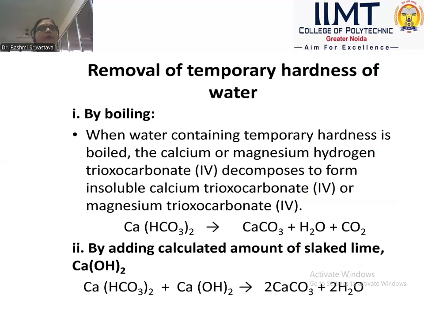Now, the methods for the removal of temporary hardness of water. As we know, temporary hardness of water is easily removed. The first method of removal of temporary hardness is by boiling.